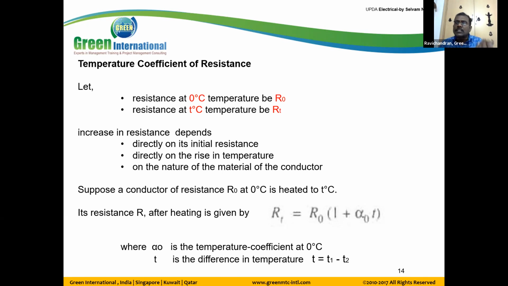So that's why we have another formula: Rt is equal to R naught (1 plus alpha naught t). Here R naught is the resistance at 0 degrees Celsius. In the data sheet, each and every metal has a specific resistance value, the resistance at 0 degrees Celsius.